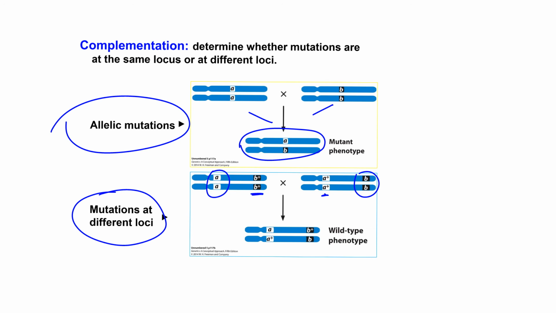So basically in this case, offspring inherit from one parent recessive A but wild type B, and from the other parent recessive, mutated B, but wild type A. So these two different loci with two different sets of alleles would complement each other and would produce wild type phenotype.